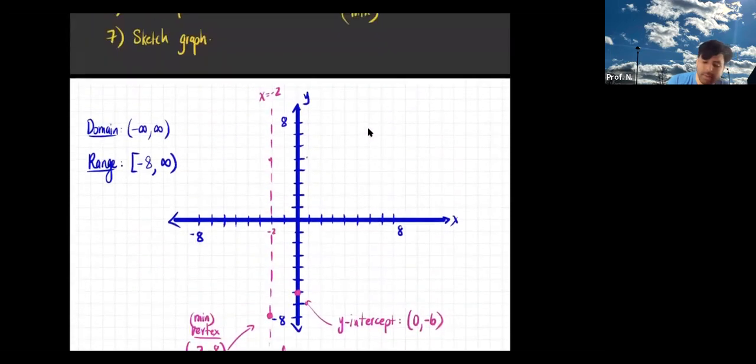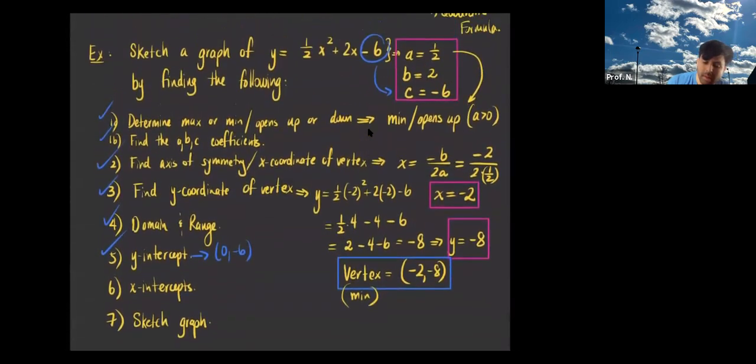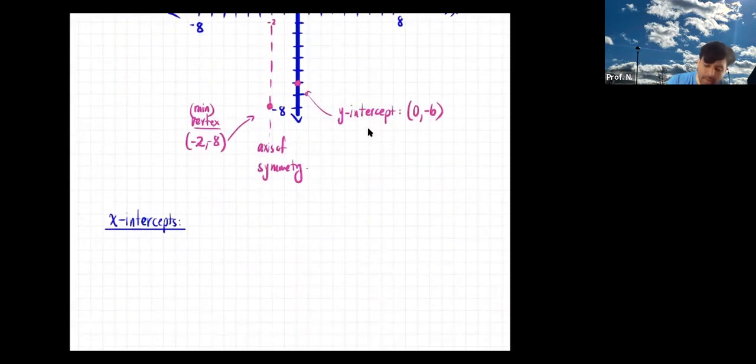What about the x-intercepts? I got 1/2 x squared plus 2x minus 6. I have to set it equal to 0. And now I have a quadratic. How do I deal with this quadratic?